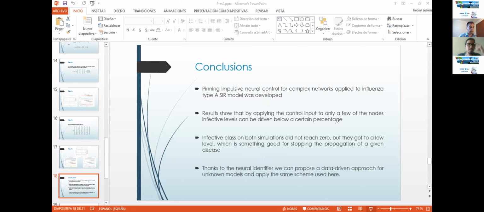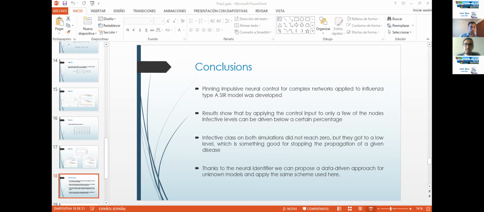Well, concluding, we developed this scheme for pinning impulsive neural control for complex networks applied to an influenza type A SIR model. The results show that by applying the control input only in a few nodes, we can lower the infected levels.